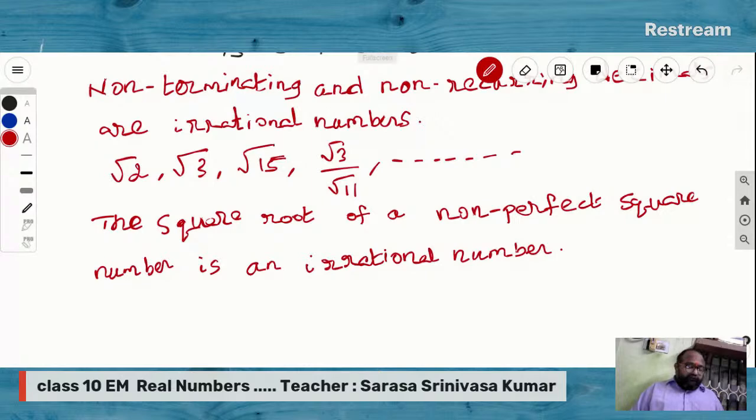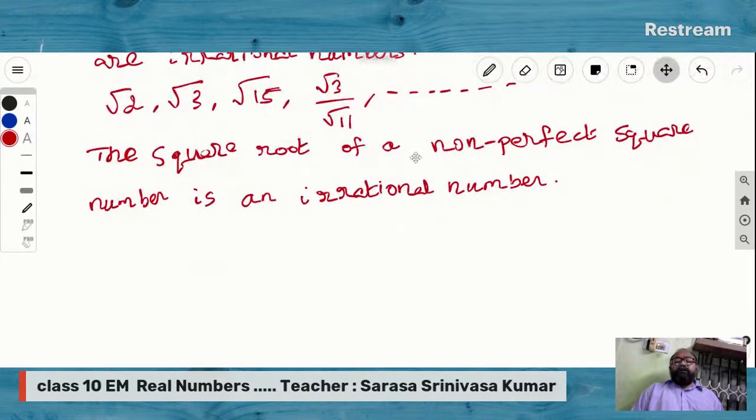Then the question arises, what do you mean by a perfect square number and a non-perfect square number?